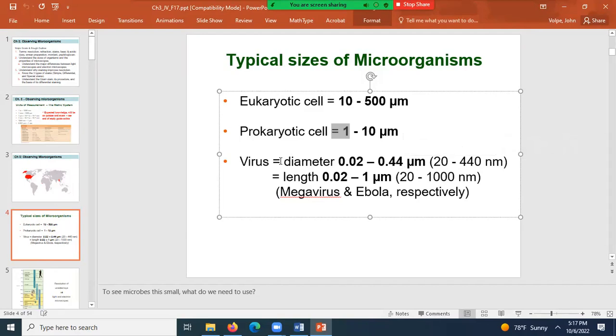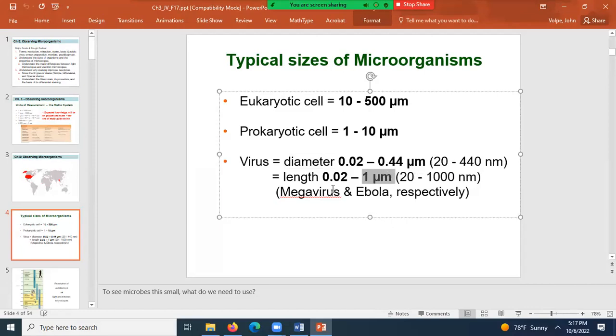And we're talking about the diameter of the virus. When you talk about length, we go even larger. The Ebola virus is the longest virus. However, it's really skinny. So its width is only 0.02 micrometers wide, but the length reaches up to about 1 micrometer long.